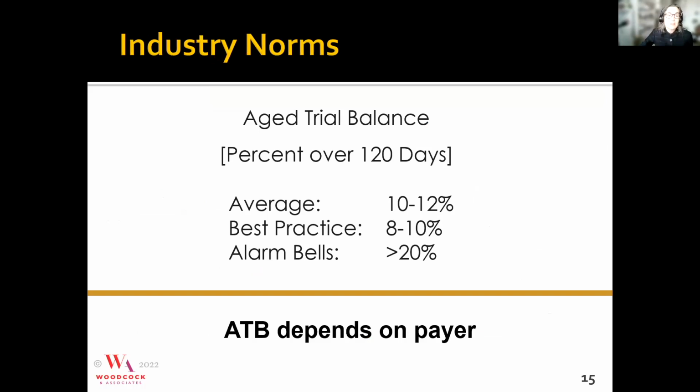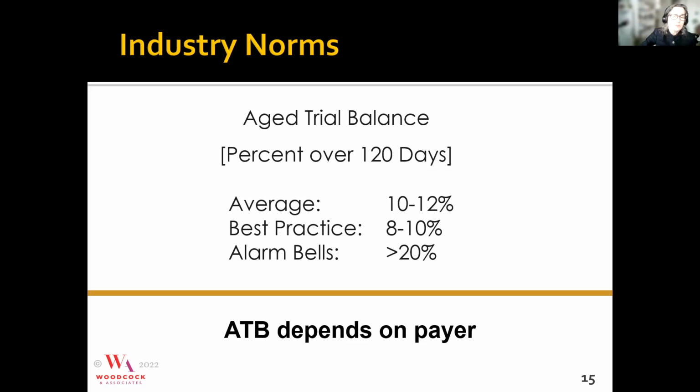Now, I refer to that 30+% as a little bit of a concern. Generally, my industry standard is I'm looking for 10 to 12% over 120 days, with some practices down under 10%.